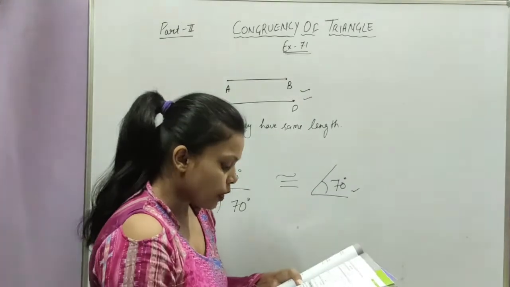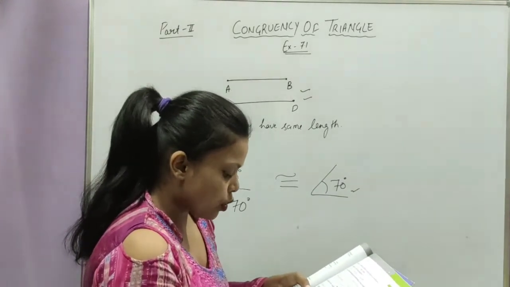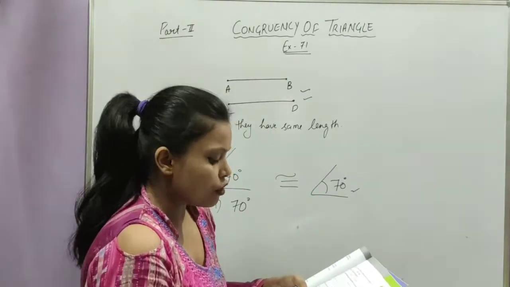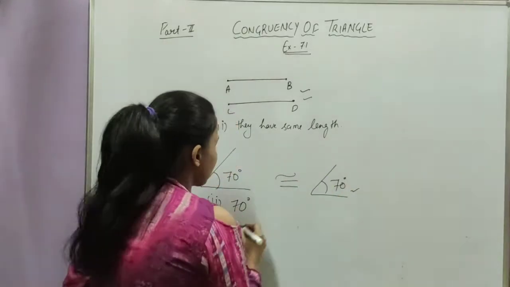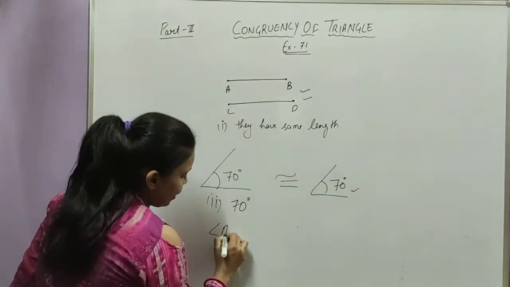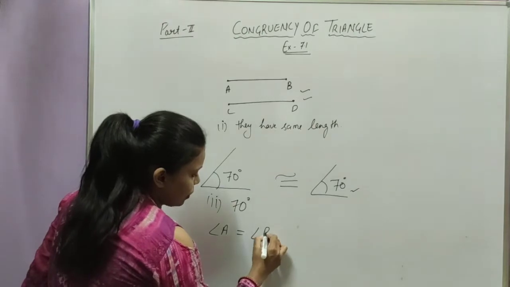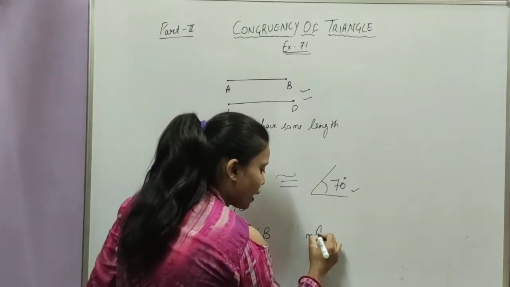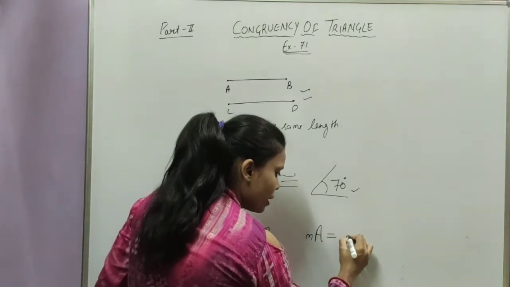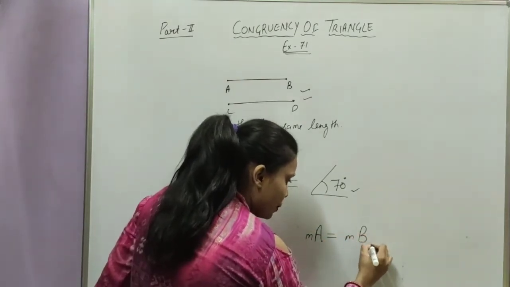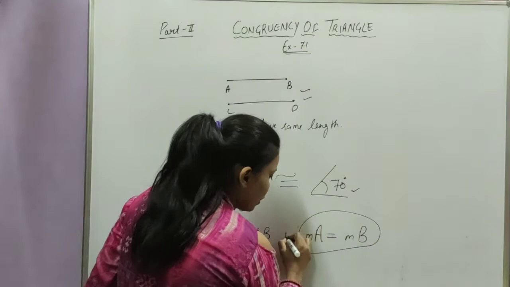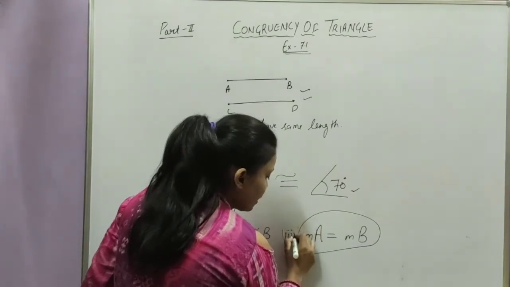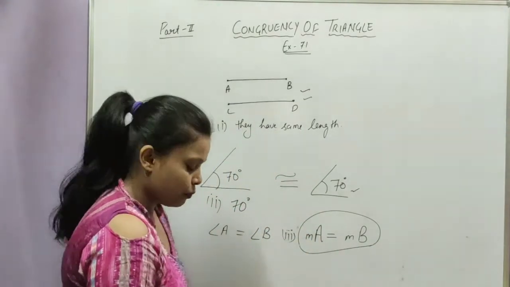Next is when we write angle A is equal to angle B, we actually mean. So if it is written as angle A is equal to angle B, that means the measure of angle A is equal to the measure of angle B. Okay, so this will be the answer of the third part, right?